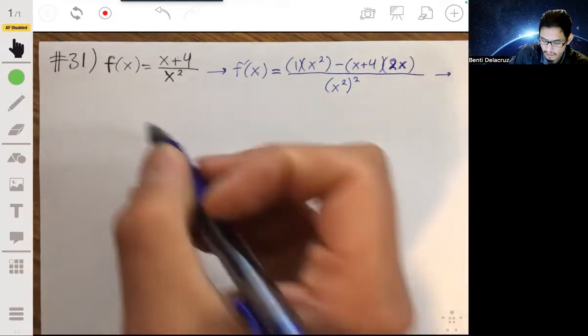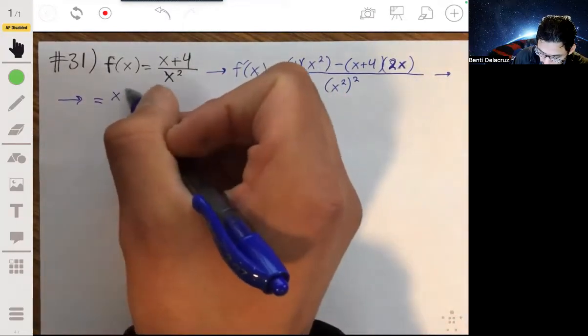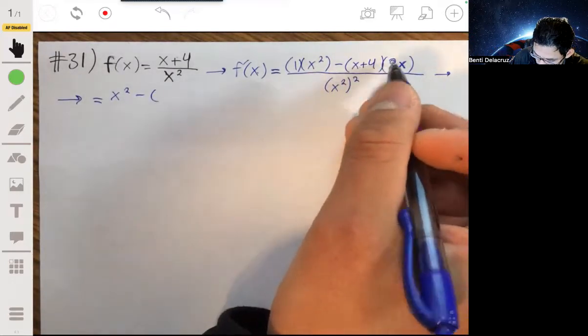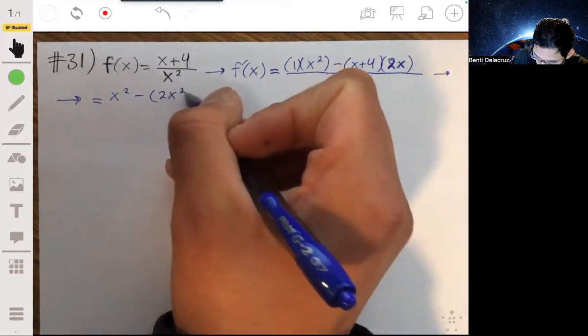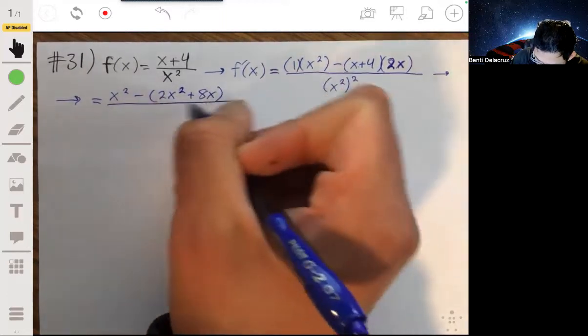And so let's simplify this. So we'll get x squared minus 2x squared plus 8x all over x to the fourth.